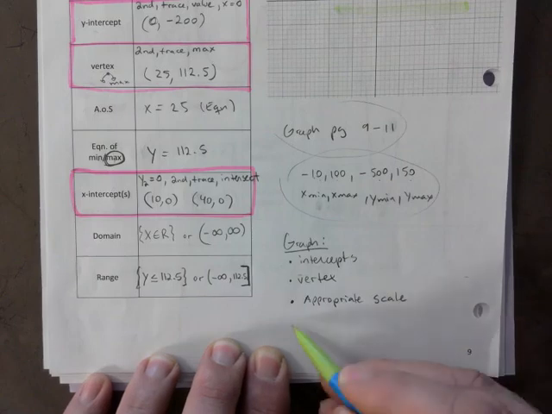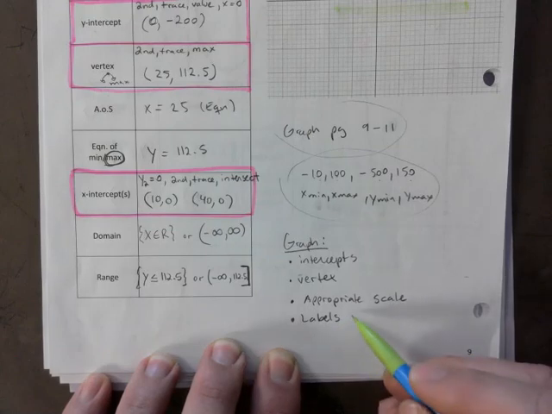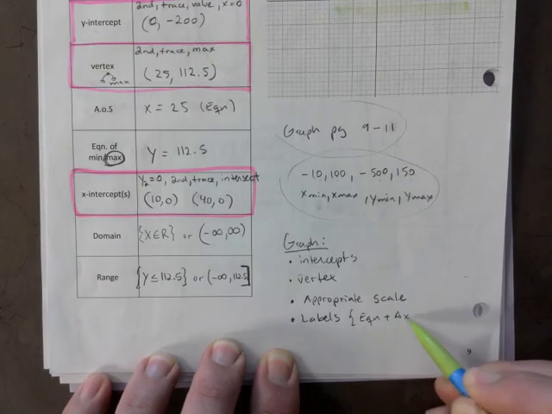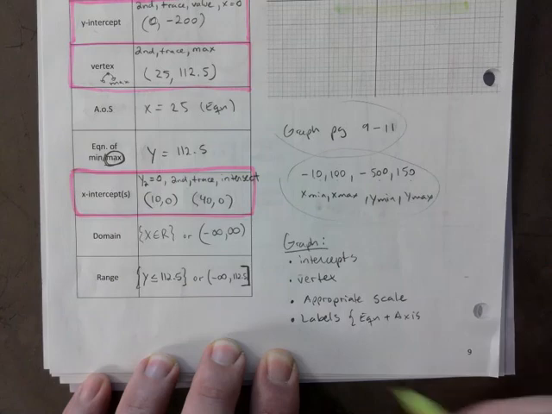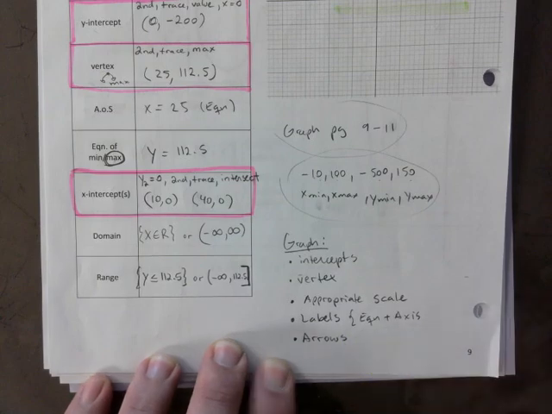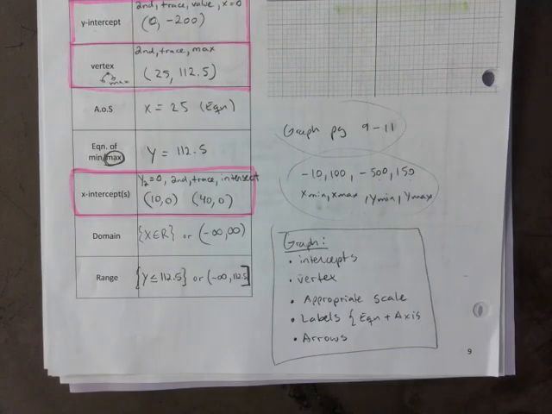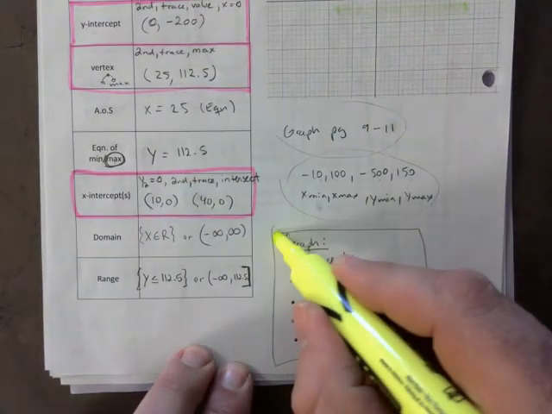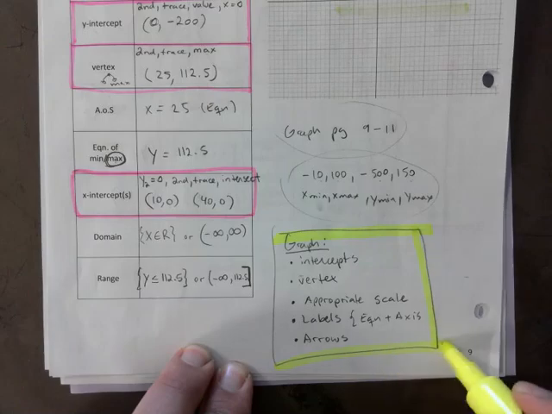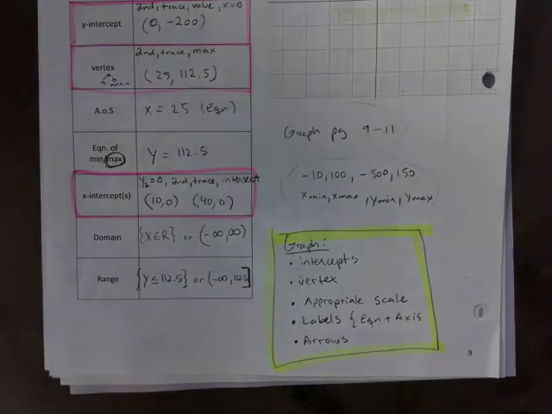You want labels. So basically, the equation and the axes need to be on there, okay? As well as arrows. For this one, you have to have arrows because it's not a word problem. So that is a must for a good graph. If you want to get 3 out of 3 on a graph, then I'll be looking for all of those things. So let's do one here before we go.